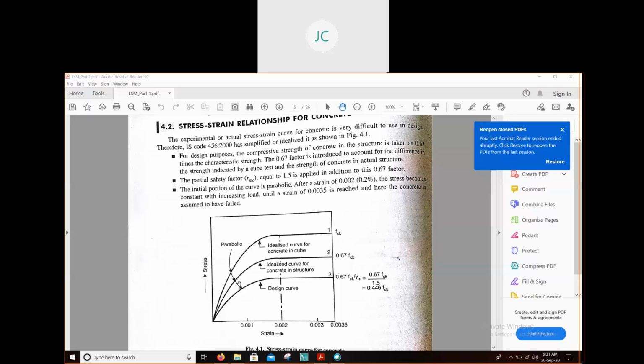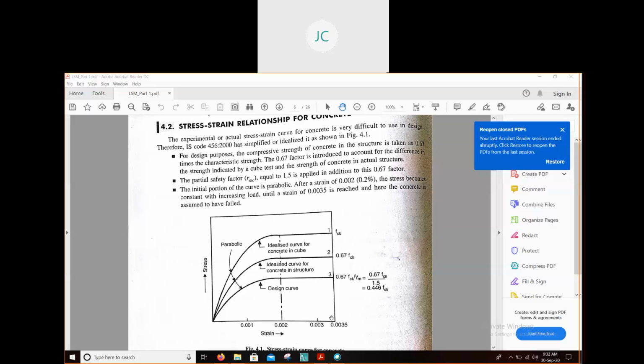You can see here, if you draw a line here, beyond this 0.002 your stress will become constant. Whatever value you get at this point will remain constant up to this point, until a strain of 0.0035. The stress will remain constant, but your strain will go on increasing.